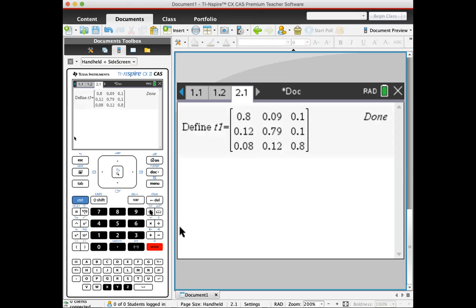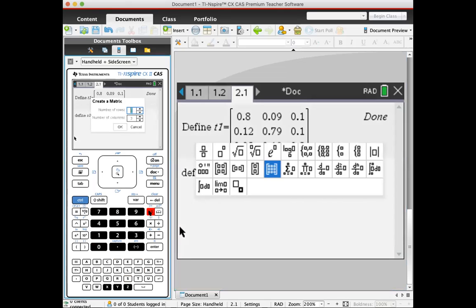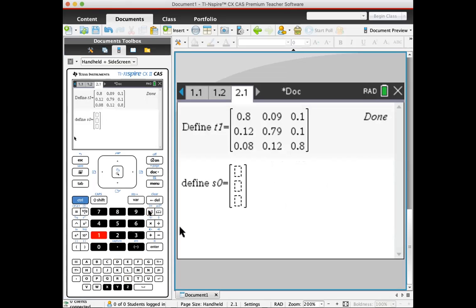And then define S0 equal to a 3 by 1 matrix: 250,000, 230,000, and 250,000.